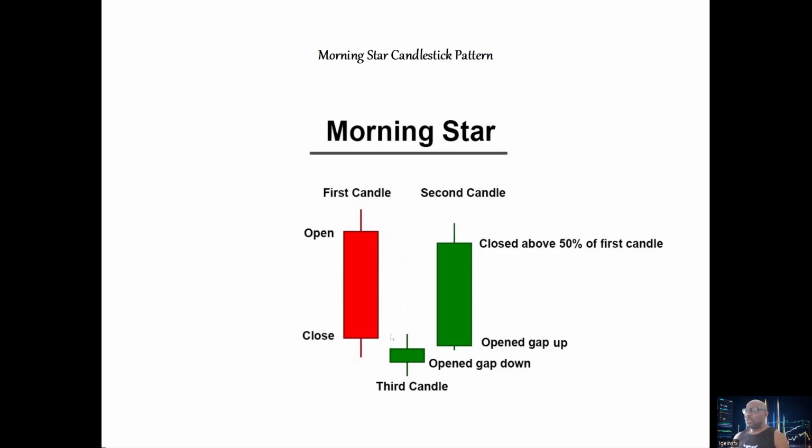I'm just telling you, this small candle you see is what we call an indecision candle. That is a doji candle.